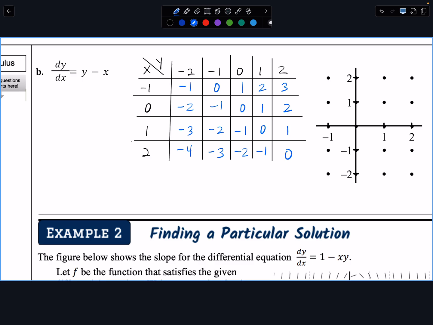Okay, so now all you have to do is sketch those little slopes. So starting at y is equal to -2. So that would be all of these values right there. Wait.